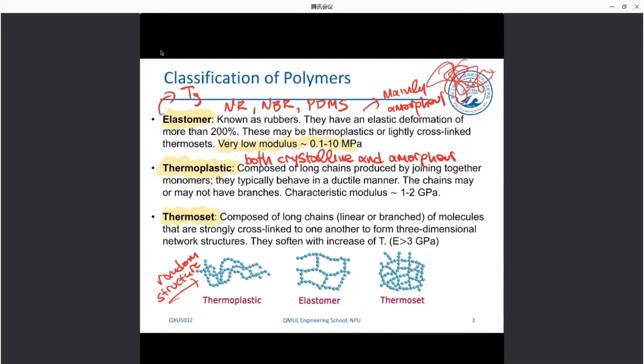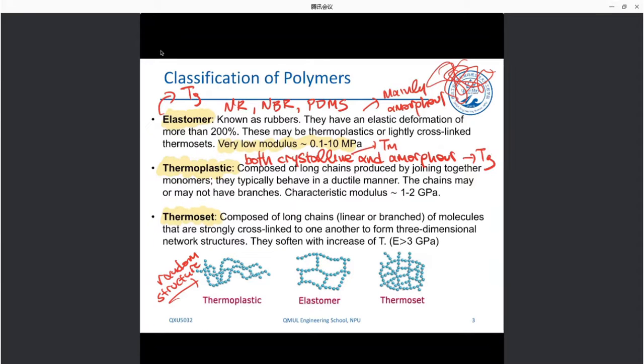Thermoplastics, on the other hand, we say that they are both crystalline and amorphous. Because they're amorphous, they have a glass transition, but because they're also crystalline, they have a melting point as well. So thermoplastics have both a melting point and the glass transition. And we will see how these two thermal transitions are following each other sequentially when heating up a polymer or cooling it down.